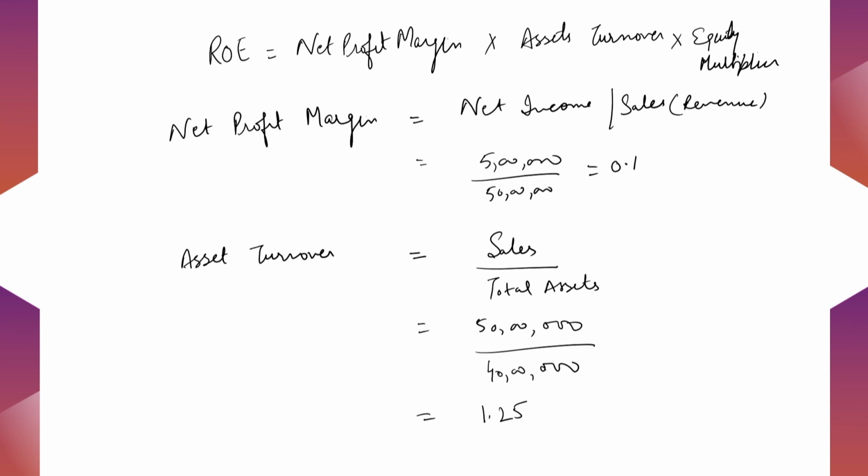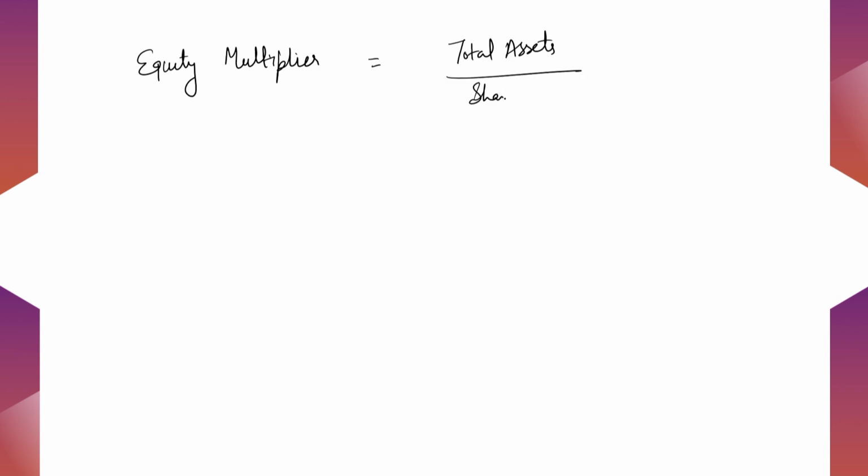Now, going to the next step, the third component we have to compute is the equity multiplier. The formula is total assets upon shareholders equity, as given in the question.